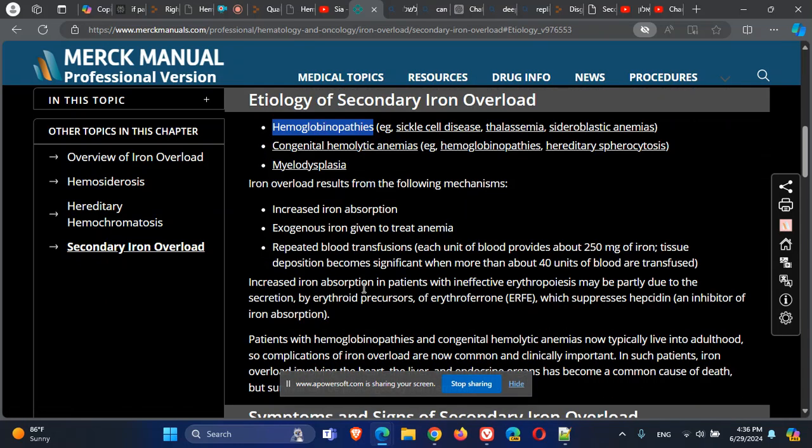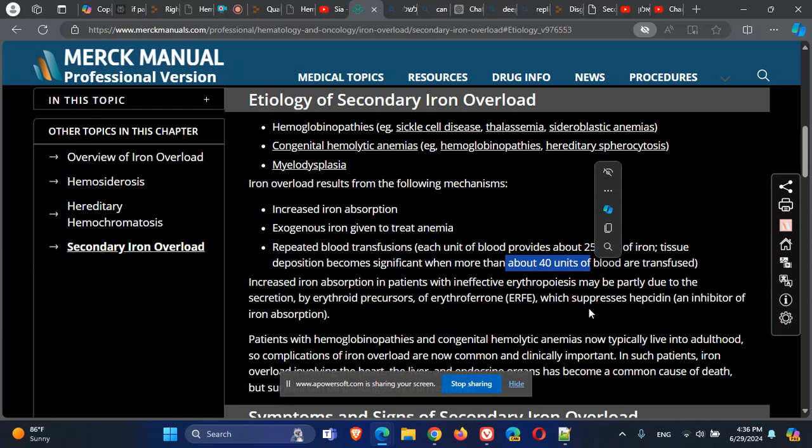Okay, so increased iron absorption, exogenous iron given to treat anemia, and repeated blood transfusion, those are the main causes of iron overload. Remember, each blood product of 500 milliliters of blood contains 250 milligrams of iron, and usually the tissue deposit of iron becomes significant after around 40 units of blood transfused.